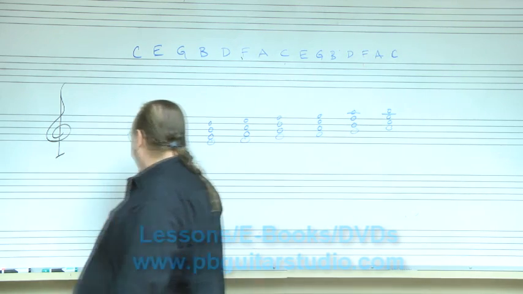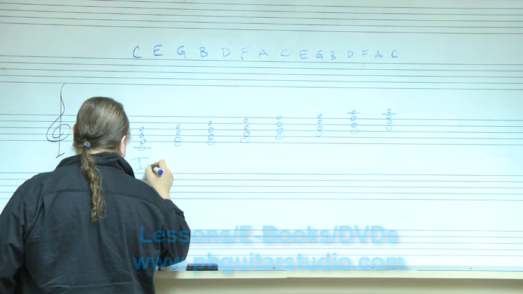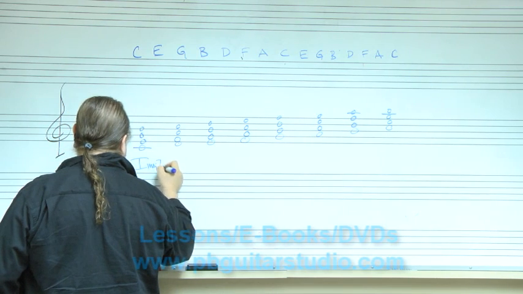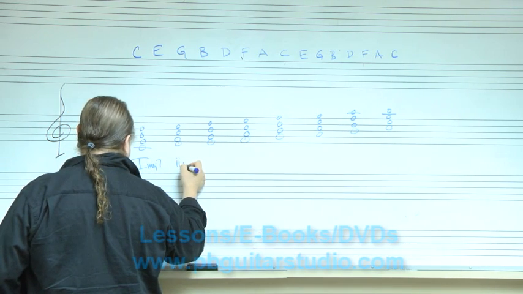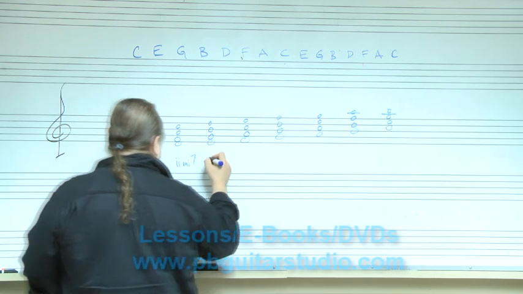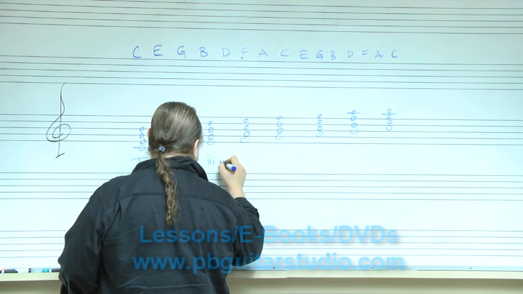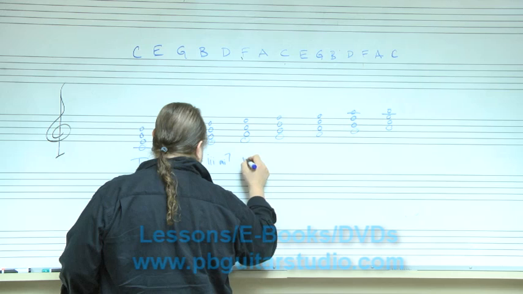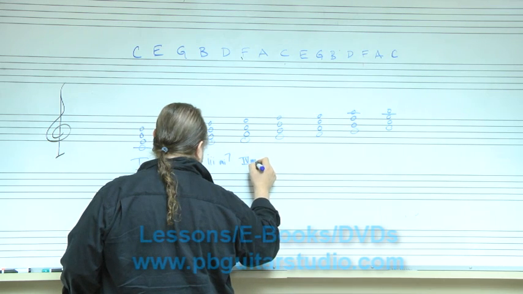So what we got here is your 1 chord, it's a major 7, your 2 chord, minor 7, your 3 chord, similar. 4 chord is a major 7.